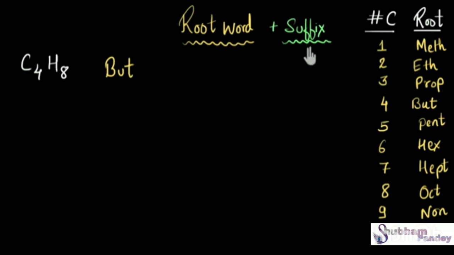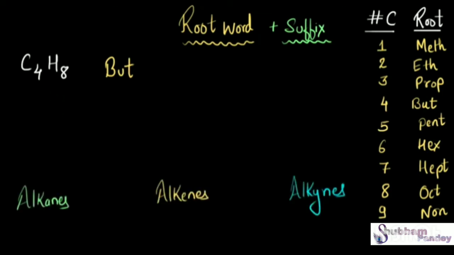Now the suffix denotes whether the molecule belongs to the alkane, alkene or alkyne family. How do we find that out? By just looking at the formula. If you recall, in a previous video on alkanes, alkenes and alkynes, we talked about the general molecular formula. The alkane general molecular formula was CnH2n+2, which means all alkanes will have hydrogen atoms equal to twice the carbon atoms plus 2.